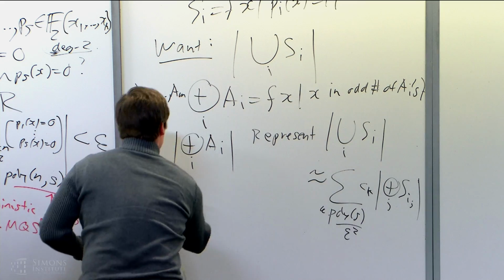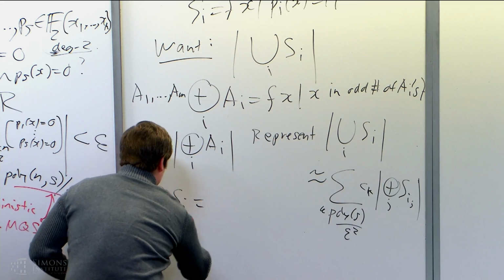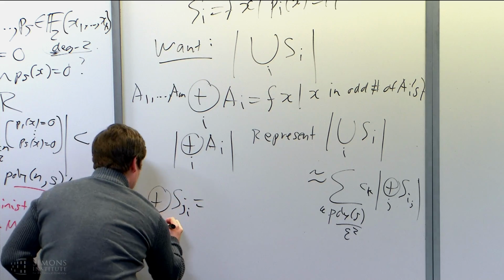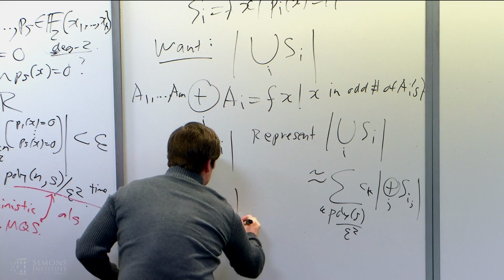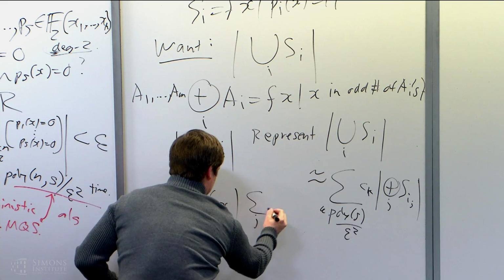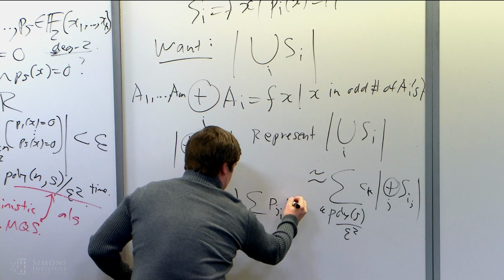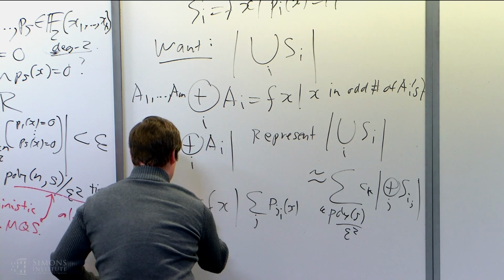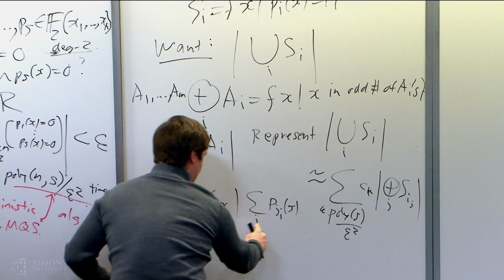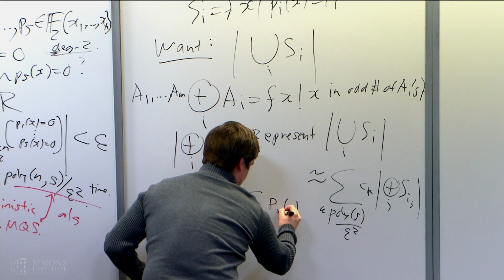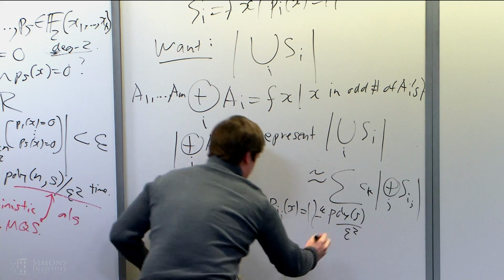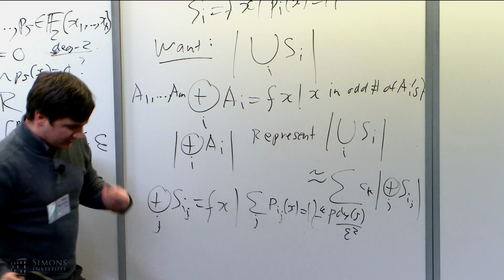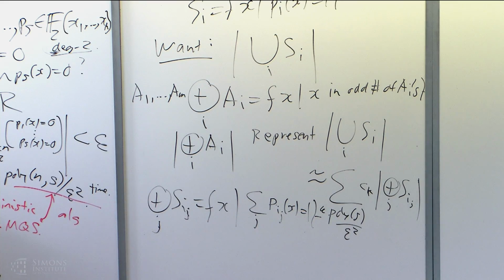Well, it's pretty easy to see that if I took the oddity of some subsets of this, then that's just a set of X such that the sum over the same J's of Pj sub i of x, so let me just index these, just some arbitrary subcollection of the polynomials. I'm just looking at the number of solutions that make this particular equation over F2 true.